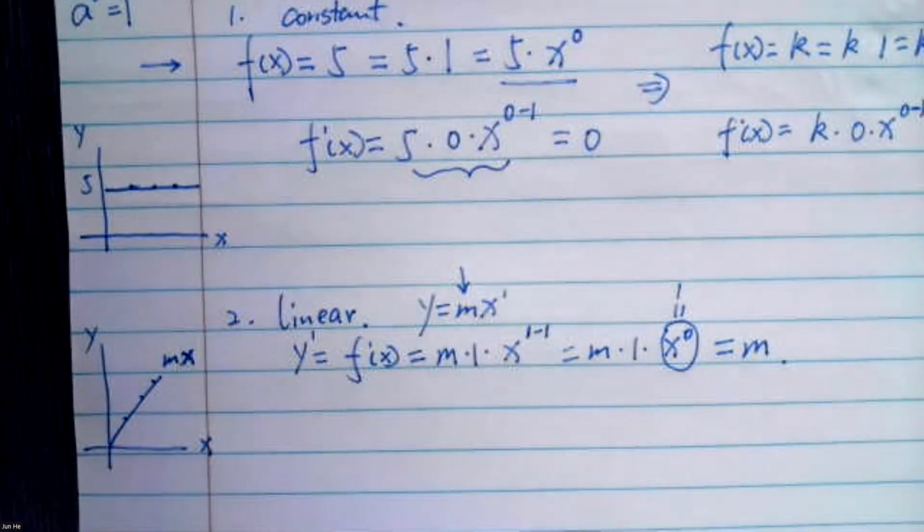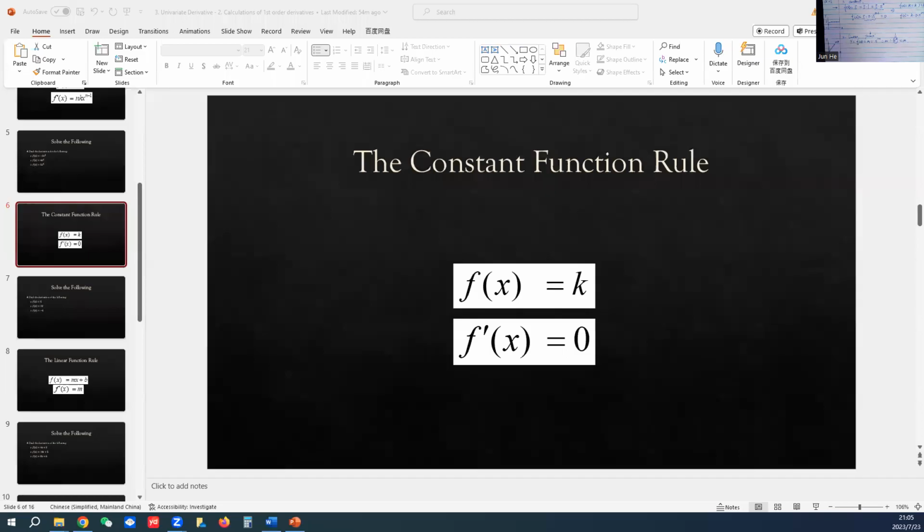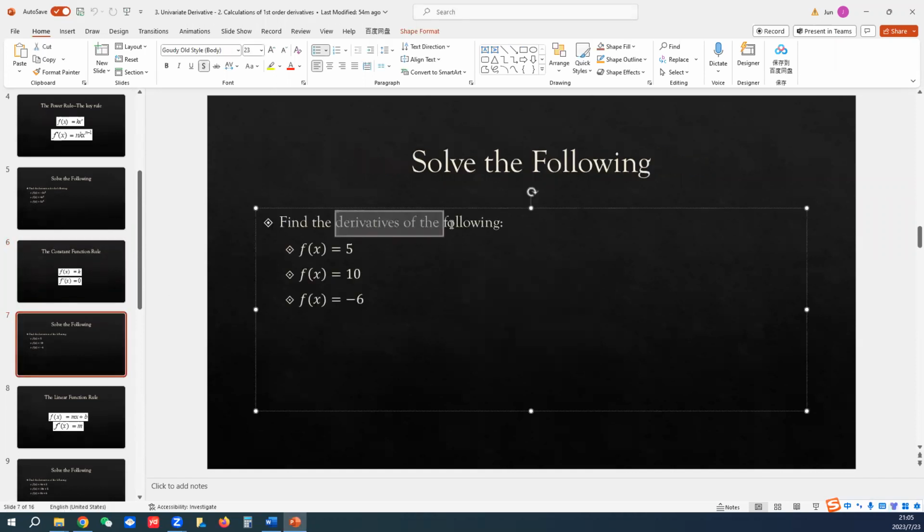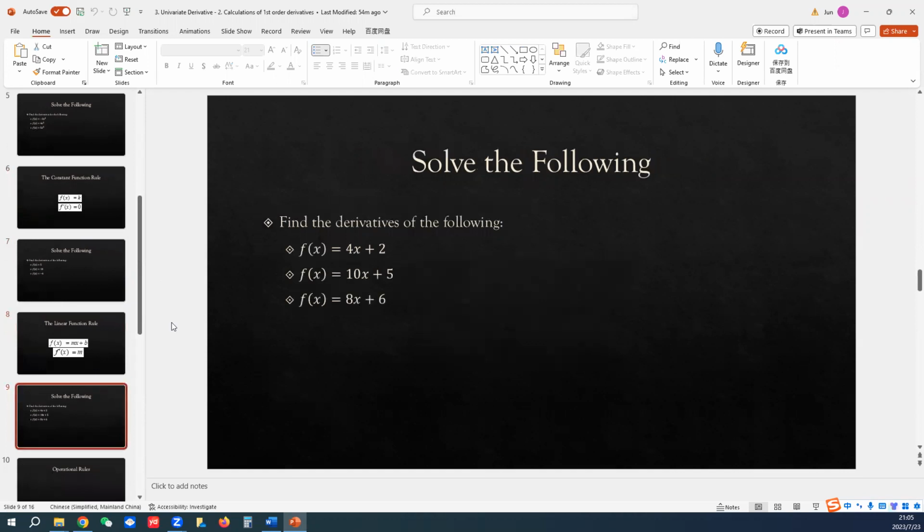Okay, so now let's go back to the previous slides for other practice questions. So here, what are the derivatives of the following? The answer is 0 for all, for this constant case, right? And then what's the derivative for those?